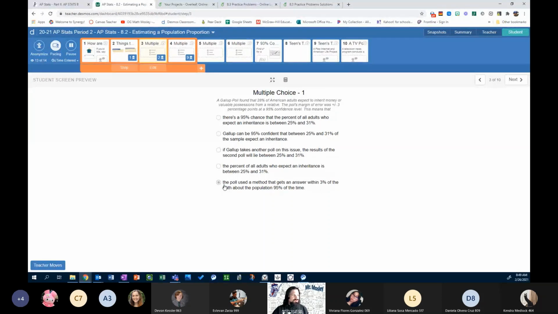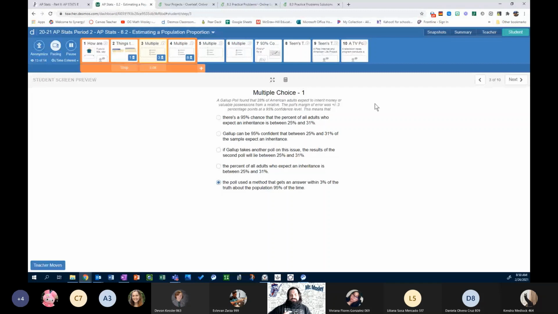The correct answer was that the poll used a method that gets an answer within 3% of the truth about the population 95% of the time. This is because this context is referring to our confidence level, right? And remember, when we're interpreting confidence interval and confidence level, they have a slightly different interpretation.